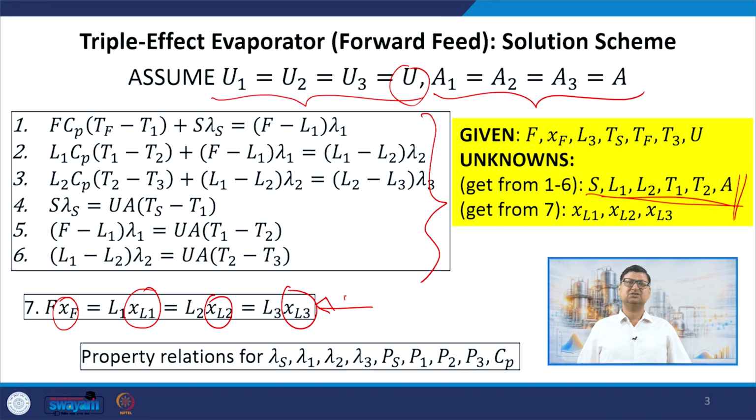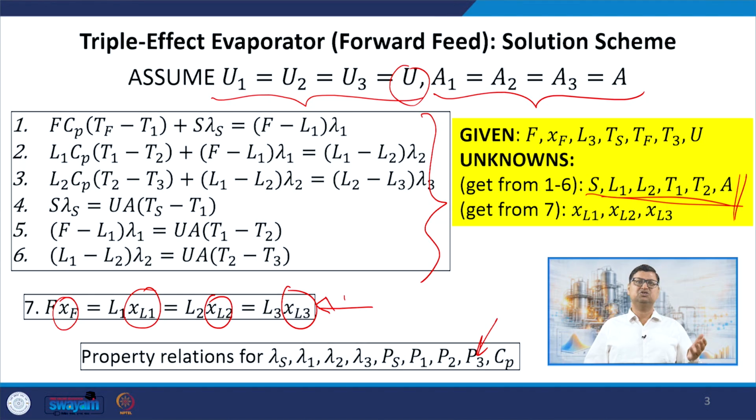The solute mass fractions can be obtained from the solute balance equations. And of course, keep in mind that the latent heats, the pressures and the heat capacities have to come from property relations, and I am not discussing that, but those are highly nonlinear in general. Therefore these equations appear to be simple, but in reality they are computationally expensive to solve, and we will discuss how to solve them numerically later. The latent heats and heat capacities can be very non-trivial.